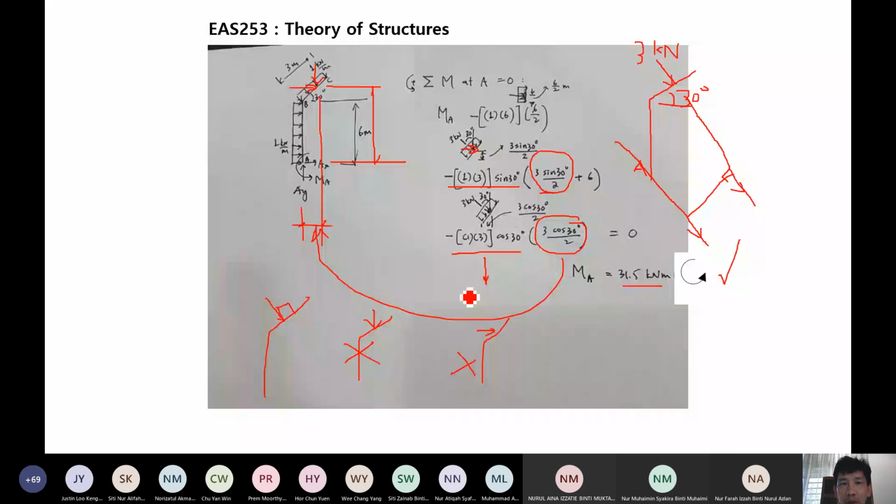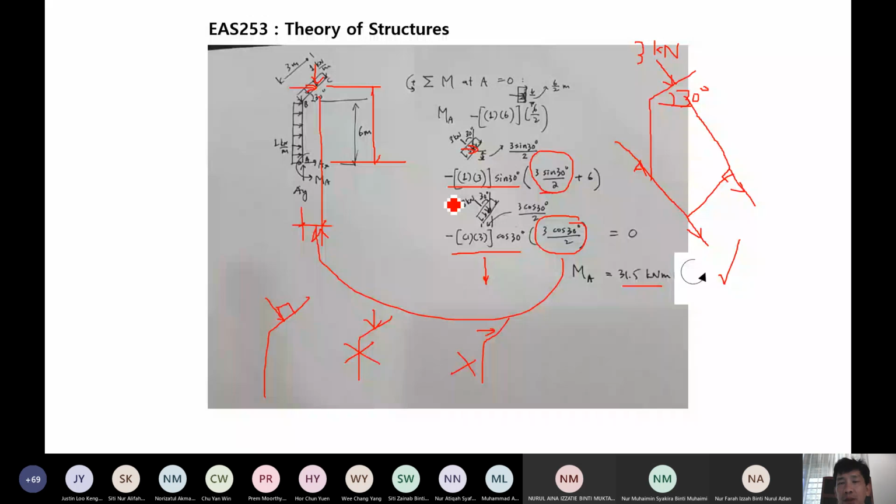So this total moment that we calculated here will be equal to what you calculate directly like this. But in this case, you need to know how to find this distance by using the information given to us here.